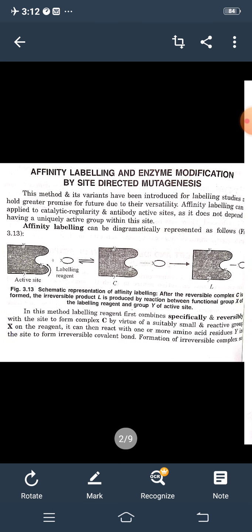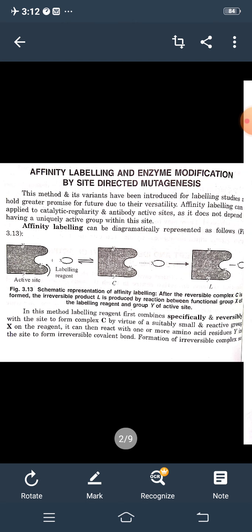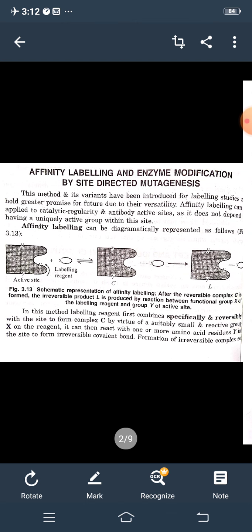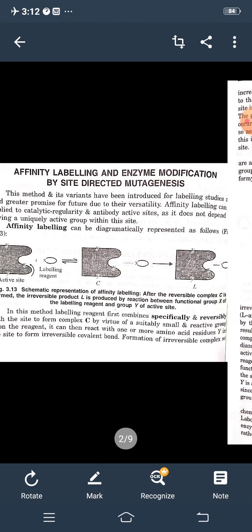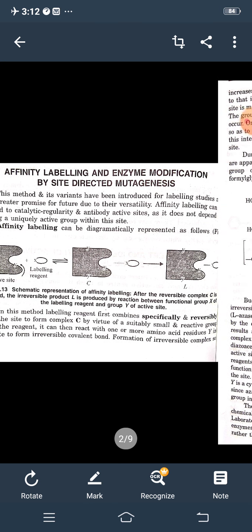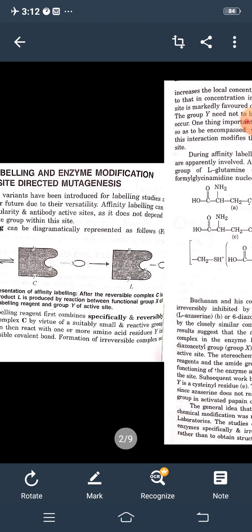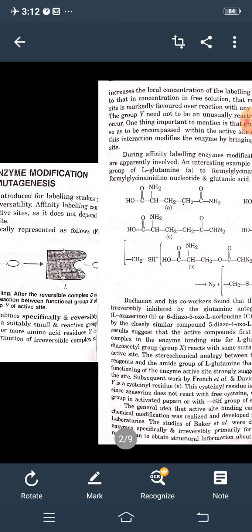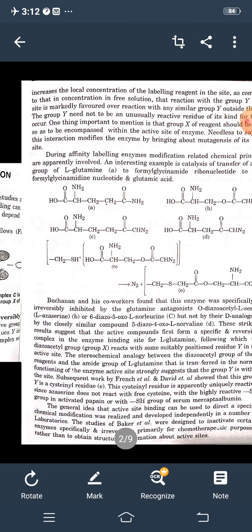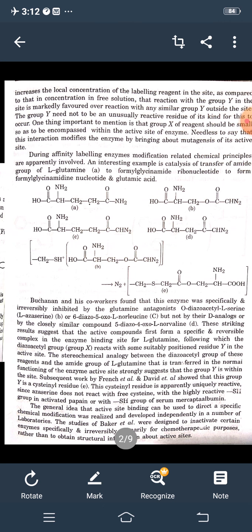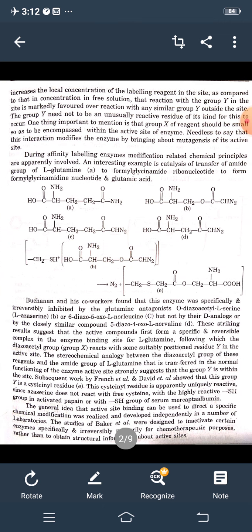It can then react with one or more amino acid residues Y in the site to form an irreversible covalent bond. Formation of the irreversible complex increases the local concentration of the labeling reagent in the site as compared to that in free solution.